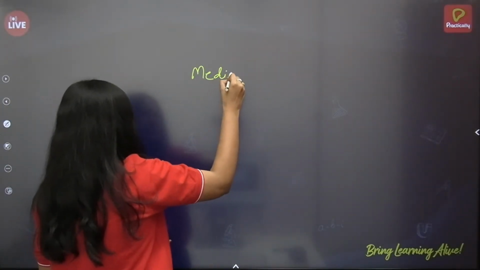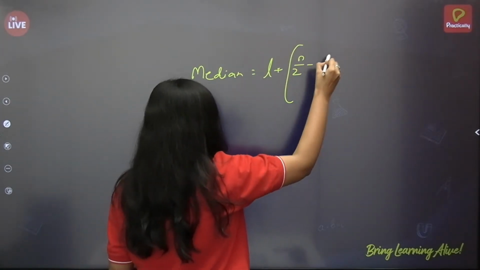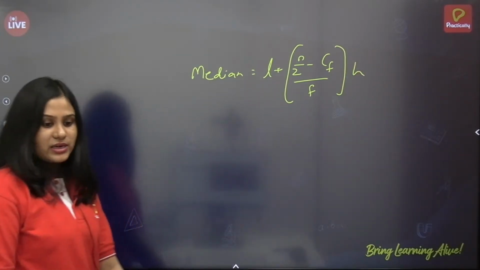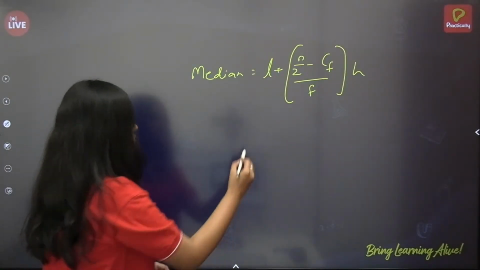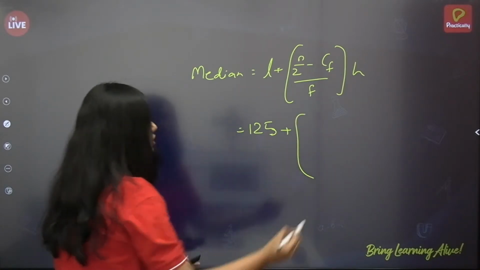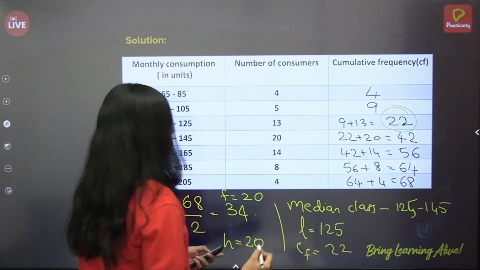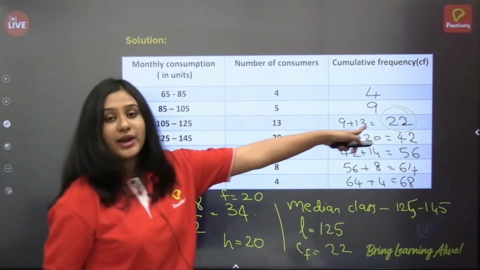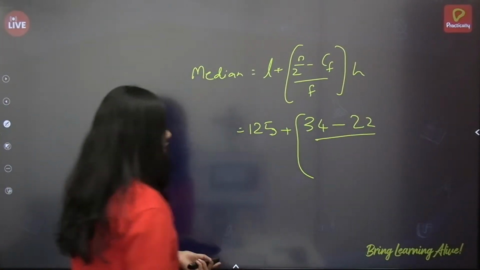Median is equal to L plus N by 2 minus CF by F into H. Right? Substituted. What is L? 125. 125 plus, what is N by 2? We have already calculated 34. 34 minus, what is CF? 22. What is F?